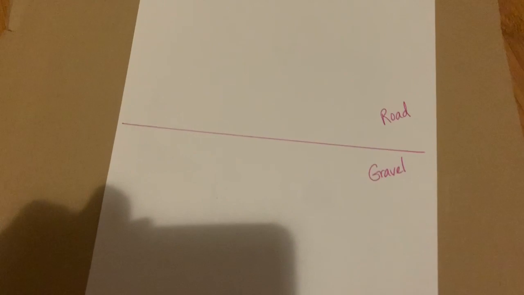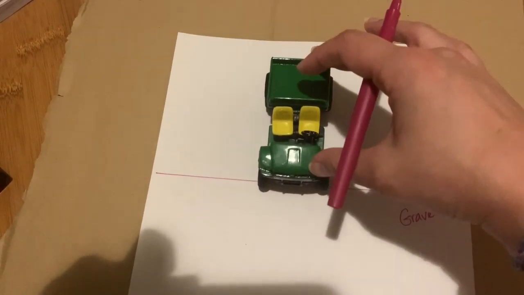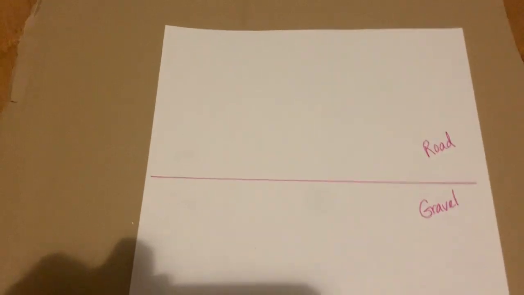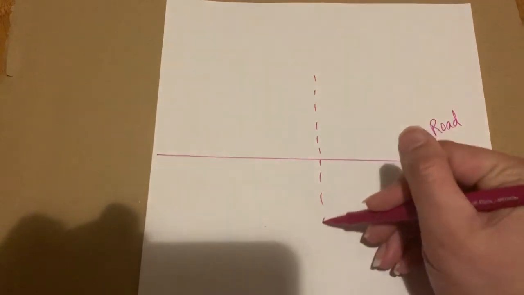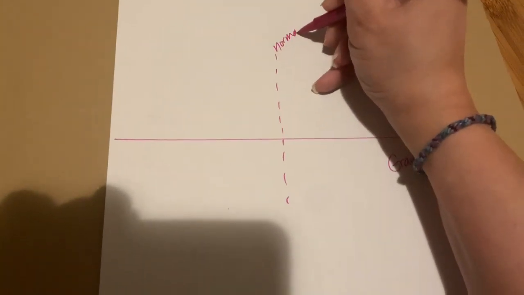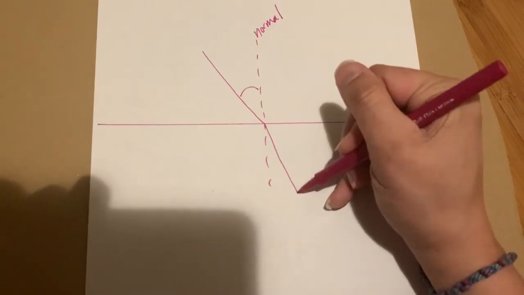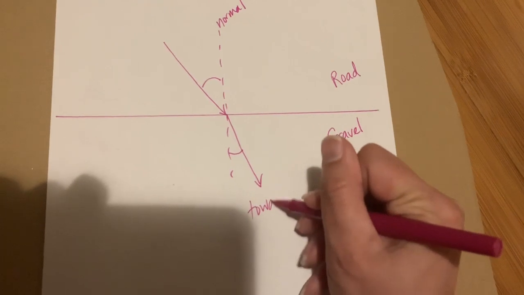All right, so now let's go back to our road and gravel situation. So straight down means that it will have no deflection. Larger angle means more deflection. And so we talk about this as bending towards the normal and away from the normal. And so if I were to sketch my normal line right here, we would have a bend towards the normal.